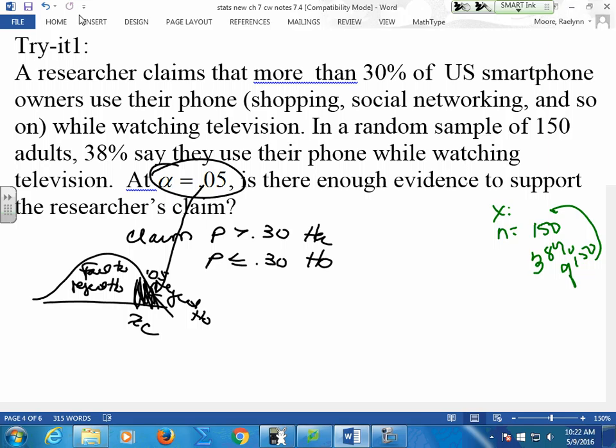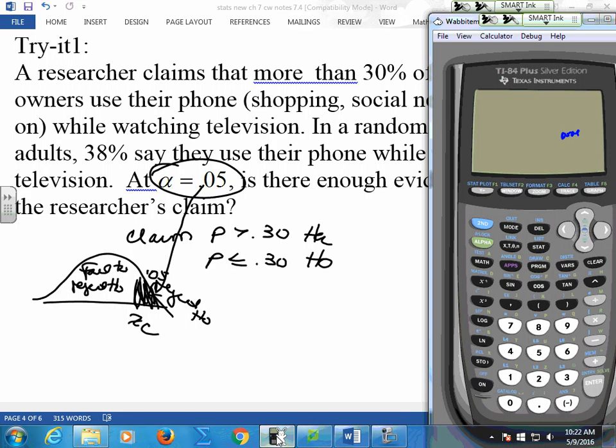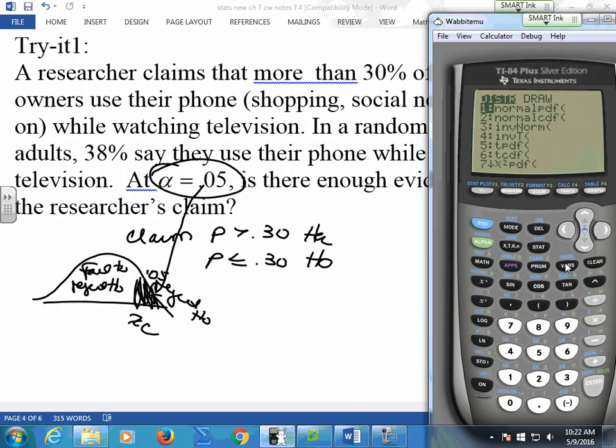In your calc, what am I looking for? Inverse norm. Good. Thank you for helping him out. Inverse norm. Do I have to divide anything or subtract anything?